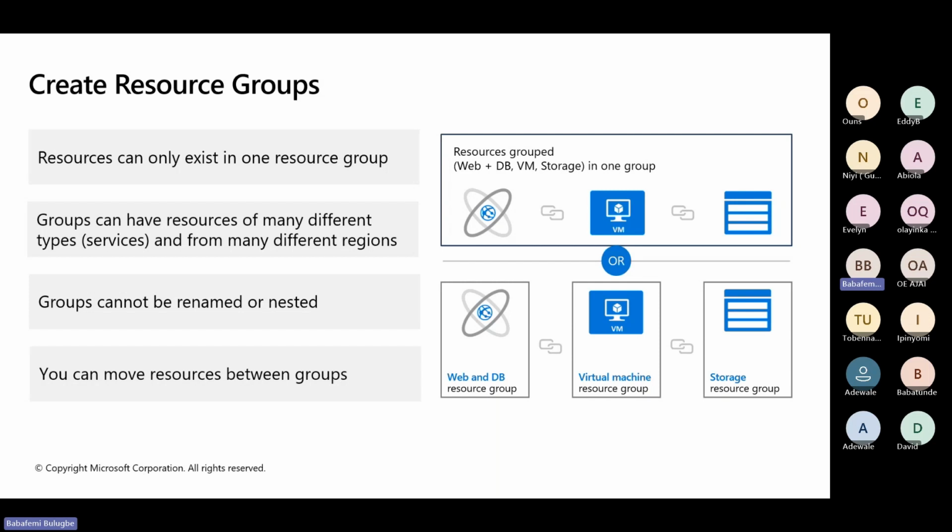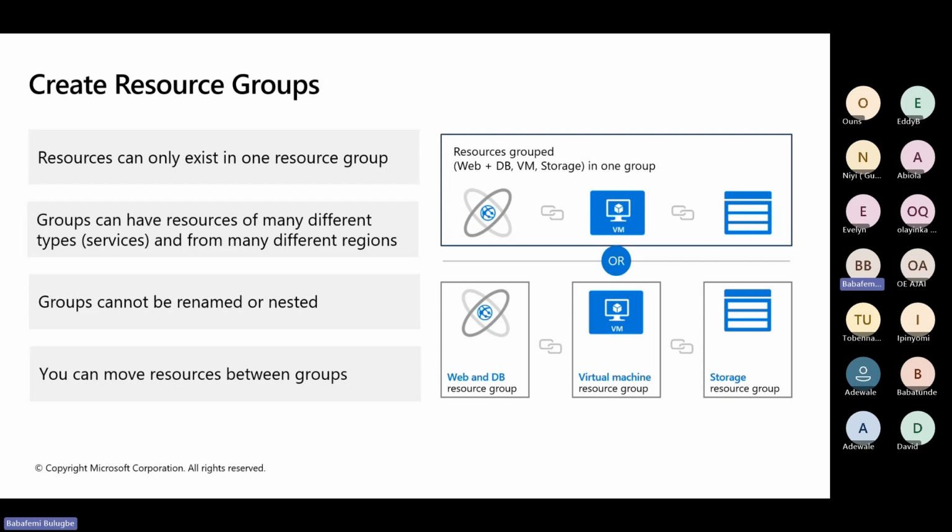And one thing is, you can create your resource group in different regions. The fact that I've created maybe my resource group in East Europe doesn't mean I cannot add resources from different regions to that resource group.